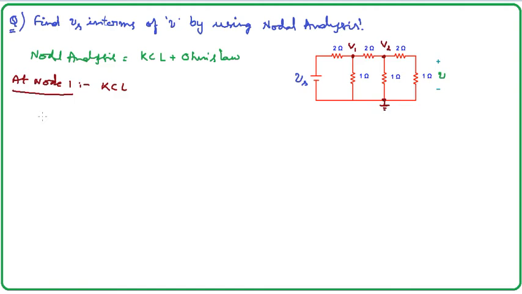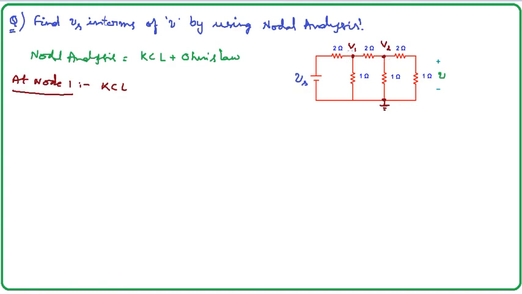First, I assume that my node voltage is more compared to all other voltages. So if voltage V1 is more compared to Vs, V1 is more compared to ground, and V1 is more compared to V2, then obviously the current flows from V1 to everywhere.